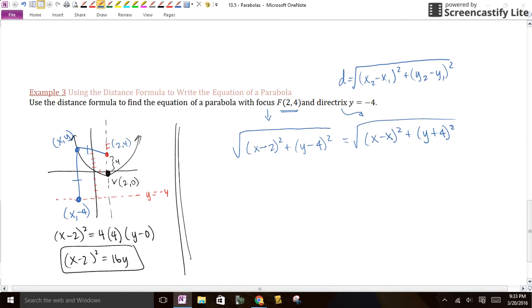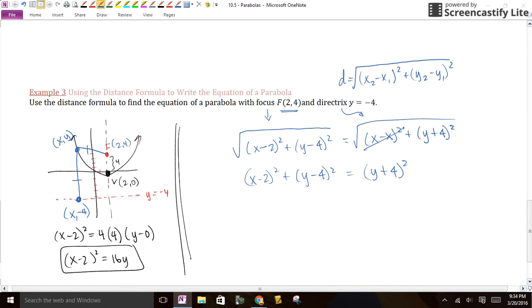Now, first thing I do is I see square root on both sides. I'm going to square both sides. So now I have (x minus 2) squared plus (y minus 4) squared equals, well, look at that. That cancels out. That's really just 0 squared. So this is (y plus 4) squared on this side. That kind of just dropped out. And so there is what I have.